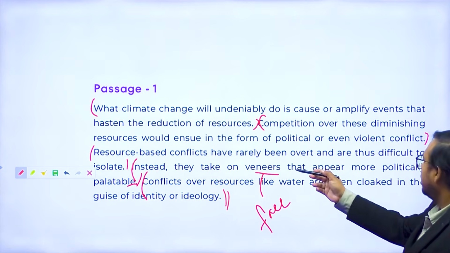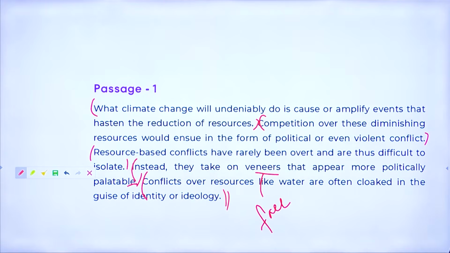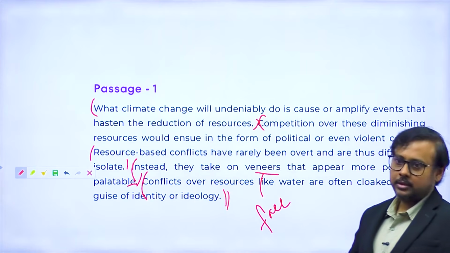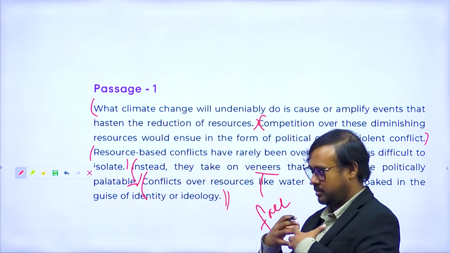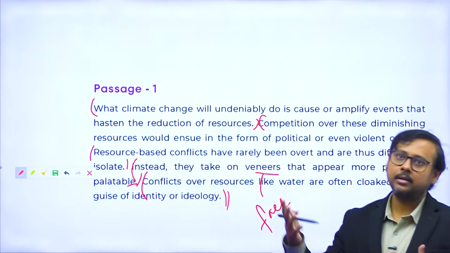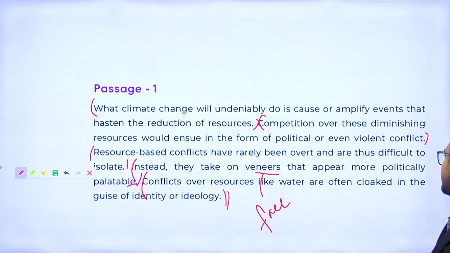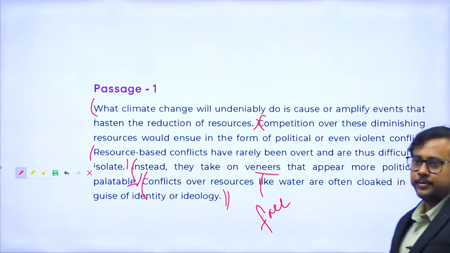Then, resource-based conflicts have rarely been overt and thus difficult to isolate. Overt in the sense it's very frontal, right? It's very visible, right? Resource-based conflicts have rarely been overt and are thus difficult to isolate.